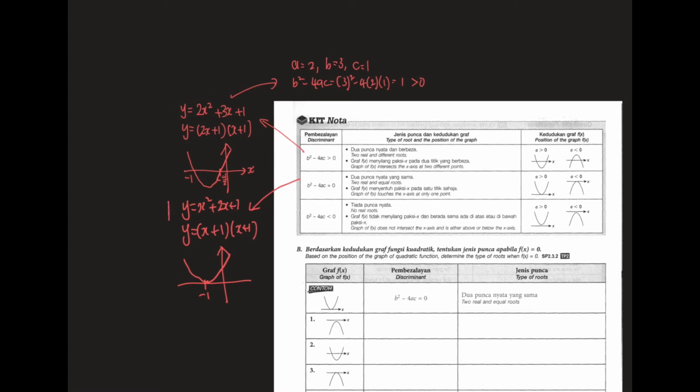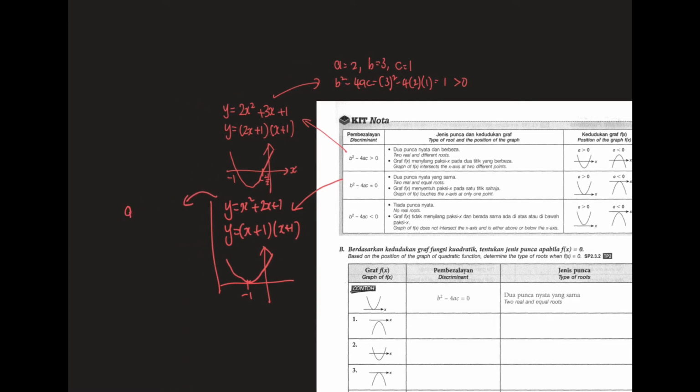If I count b squared minus 4ac, a is 1, b is 2, c is 1, so 2 squared minus 4 times 1 times 1, 4 minus 4, equals 0. That means one root, or two real and equal roots. Sometimes you may see one root, sometimes two real and equal roots. The graph will just touch the x-axis at only one point.